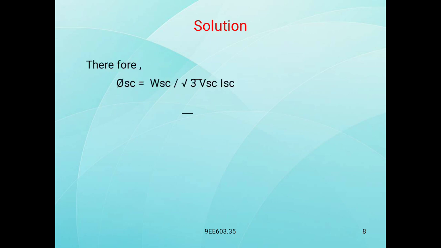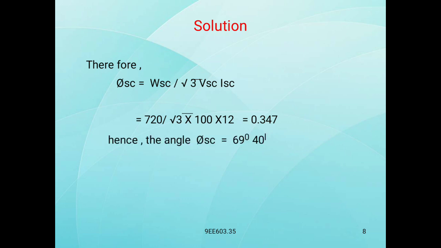Therefore, cos phi SC is equal to WS by root 3 VS ISC, here cos phi SC is equal to 720 by root 3 into 100 into 12, that is 0.347. So phi SC is 69 degrees 40 minutes.